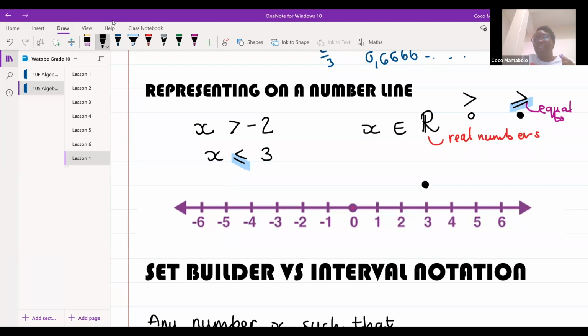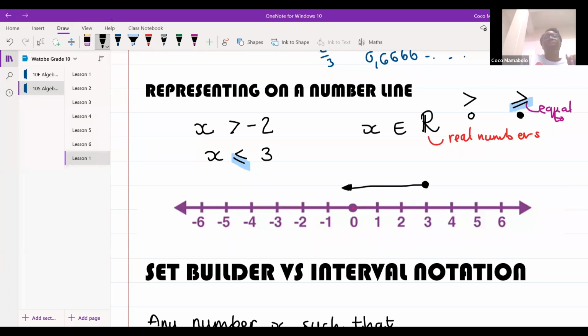I must color it in because it's less than or equal to. That equal to tells me that I need to color it in. And then I can draw my arrow going in that direction. Okay, there we go. That's my arrow.